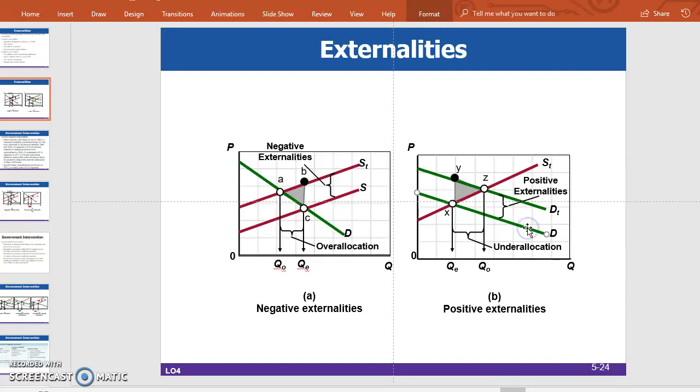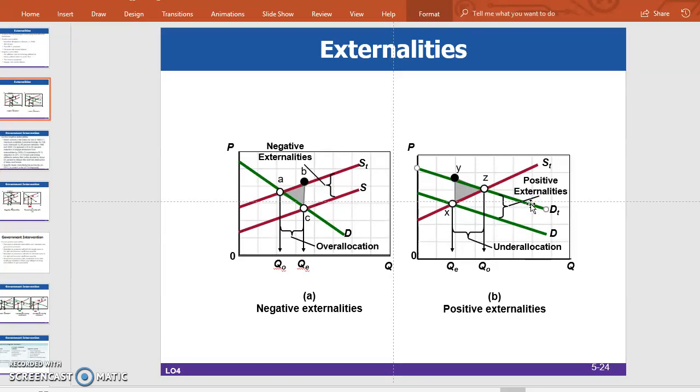The beekeeper will only consider the profit that he makes from making honey, but the benefit to the society from those bees is what? The pollination, that the bees will help, and more fruit, more flowers, more food, that is benefit to the society.